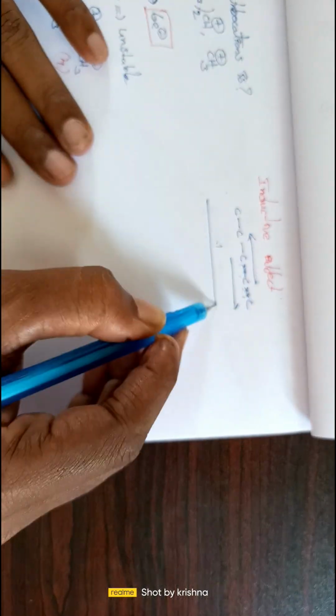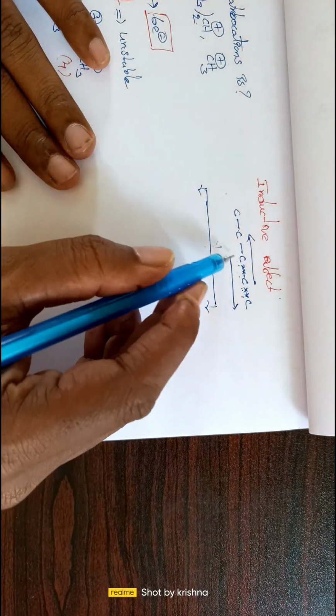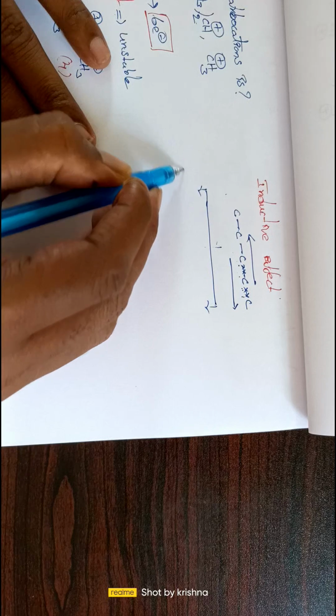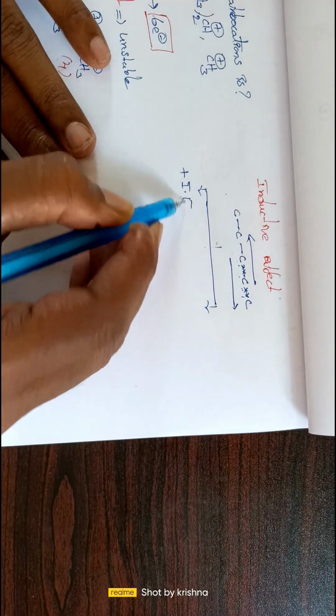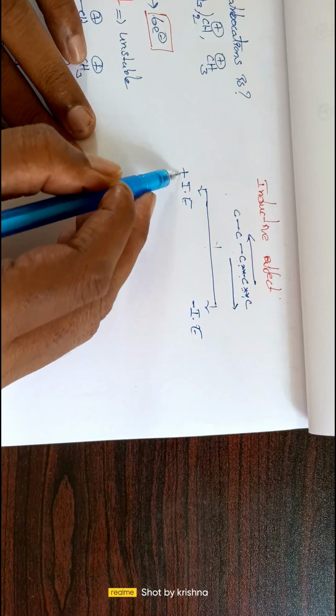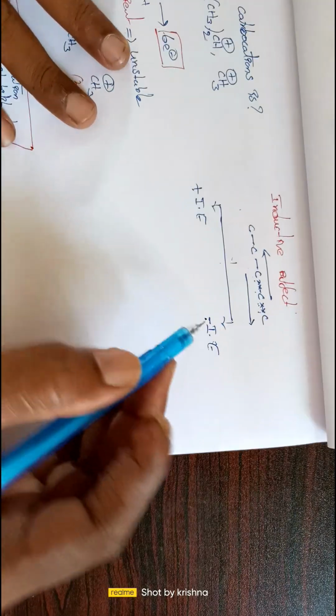To this carbon chain, suppose different groups are connected. Based on the nature of the connectivity of the groups, the inductive effect is of 2 types: plus I effect and minus I effect. Plus indicates positive, minus indicates negative.